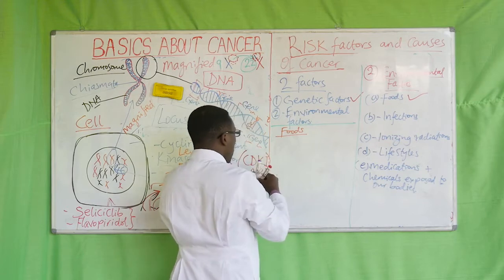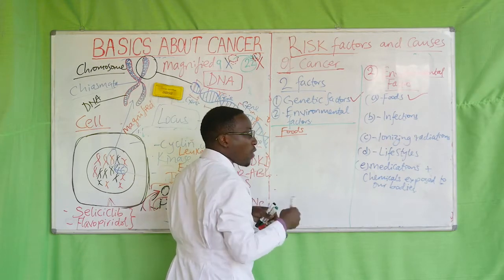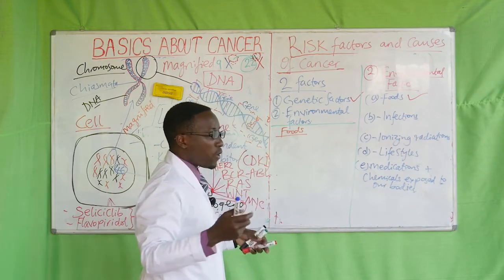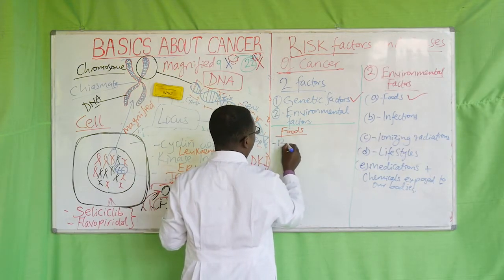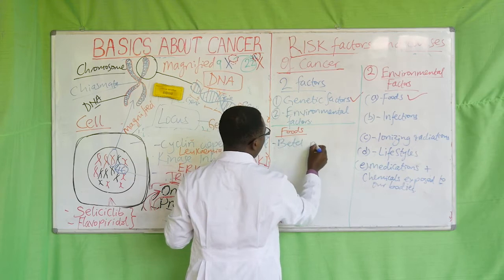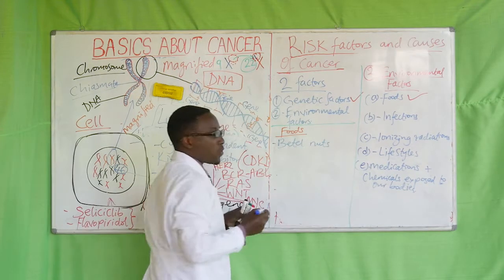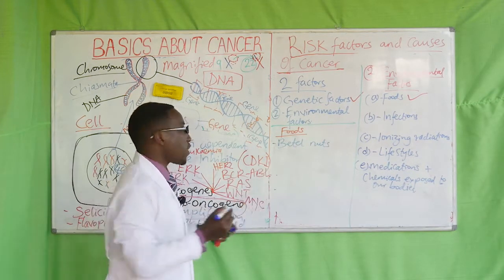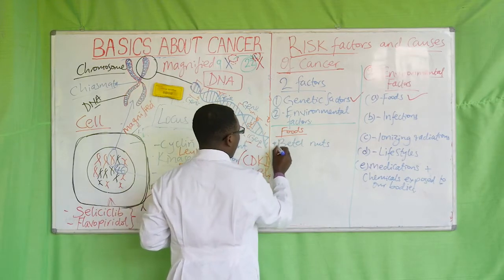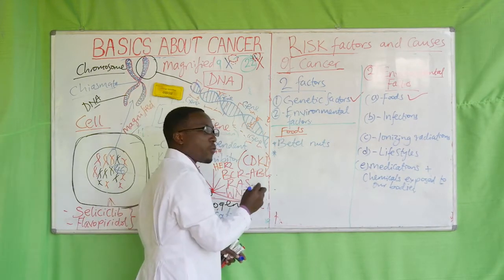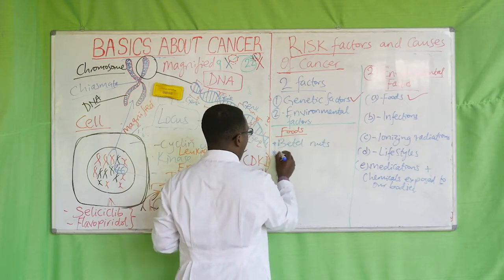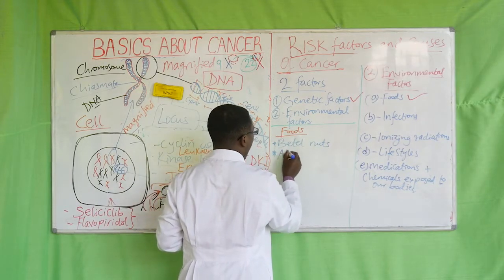And within some foods, not in all the foods, we have, for example, the betel nuts. These ones have some carcinogens. Then we have aflatoxins.